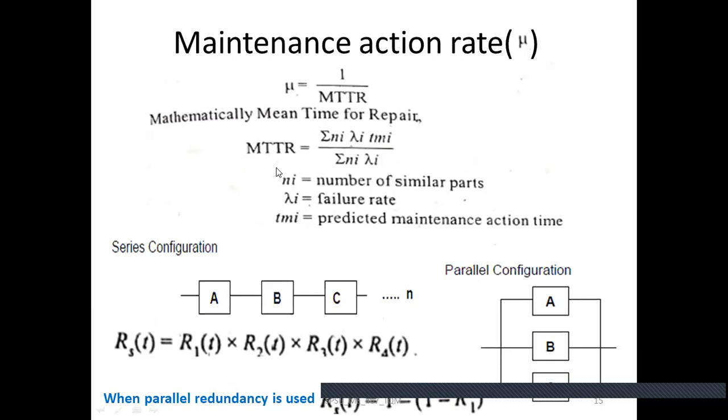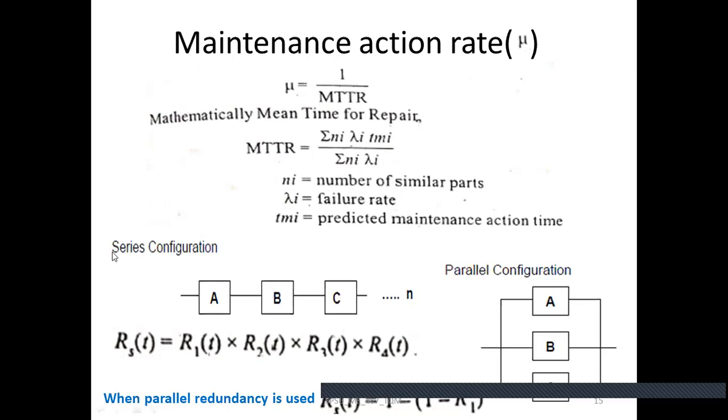Mathematically we write in this form, MTTR is equal to summation of Ni lambda i Tmi upon summation Ni lambda i. Ni is the number of the similar parts, lambda i is again the failure rate, and Tmi is the predicted maintenance action time.